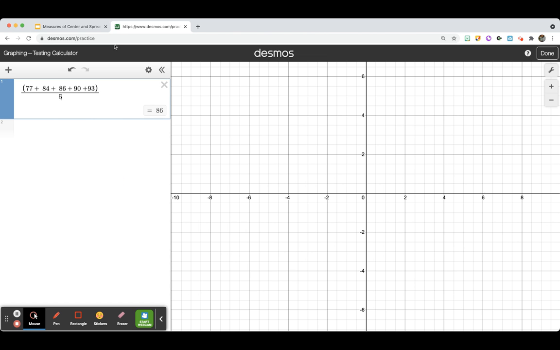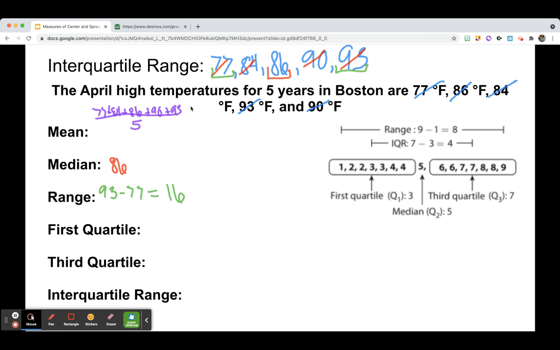My mean is 86. It was the same as the median, which doesn't always happen, by the way.